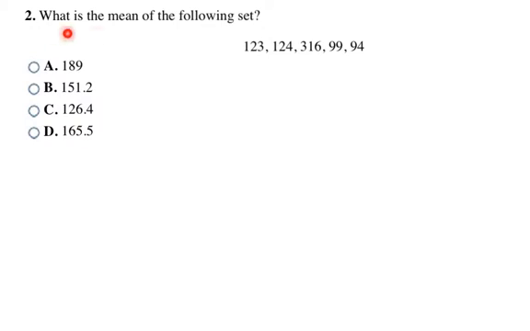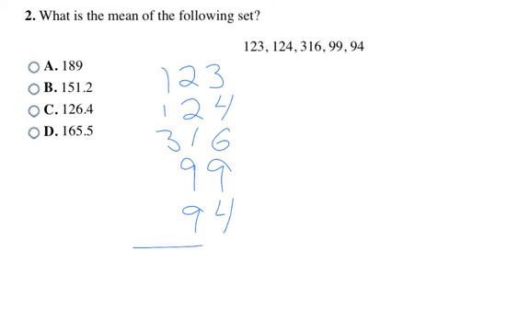Okay, this second problem asks us to find the mean of this set. To find the mean, I have to add up all of my numbers. So I'm going to rewrite these numbers horizontally, lining up my place values so that it is easier for me to add them. Here, 4 plus 9 is 13, plus 6 is 19, plus 4 is 23, plus 3 is 26.